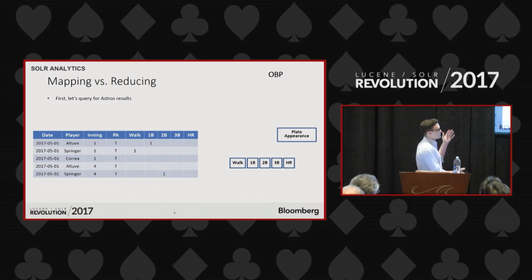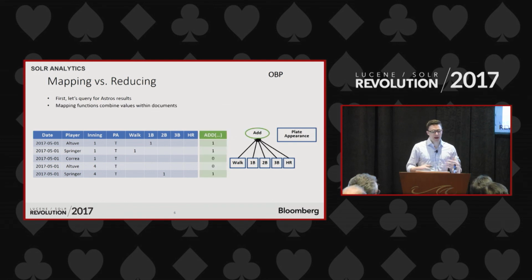Given this list of results back, and as you can see, we're going to build up the expression on the right side of the screen, we can then combine the data together. First with mapping functions. The mapping functions let us combine data per document. So let's see how many times they got on base per plate appearance. As you can see on the right side, we've mapped the addition function per document.